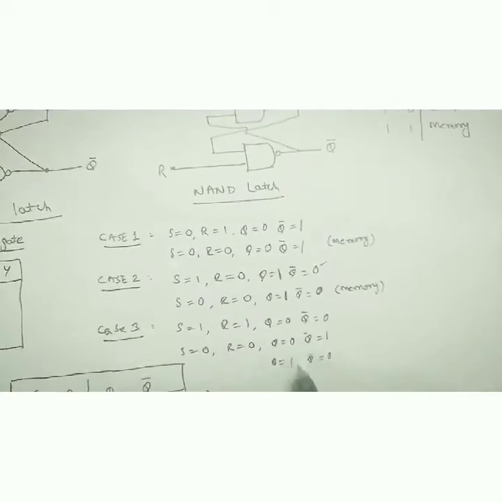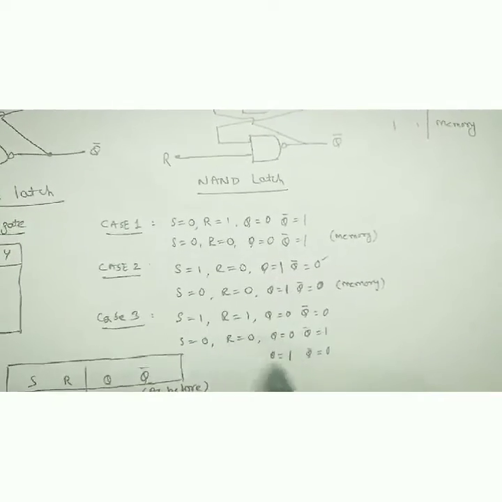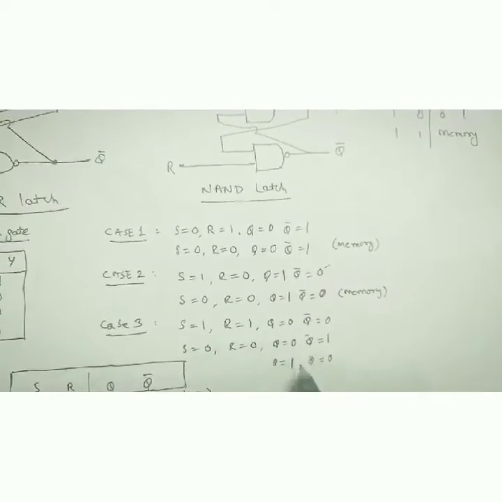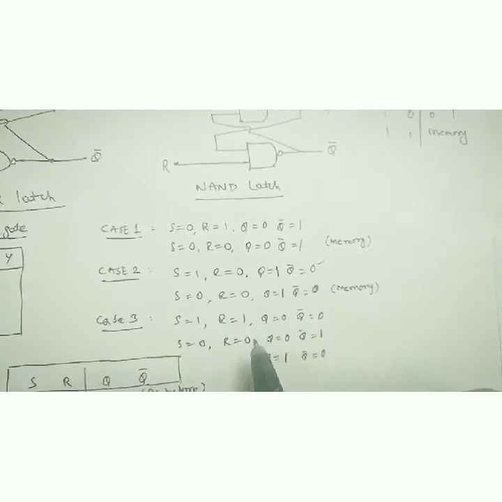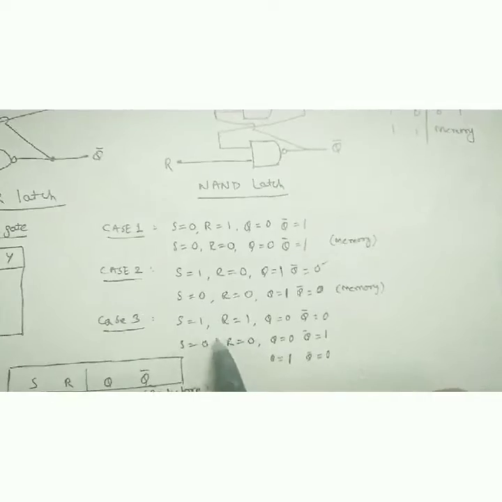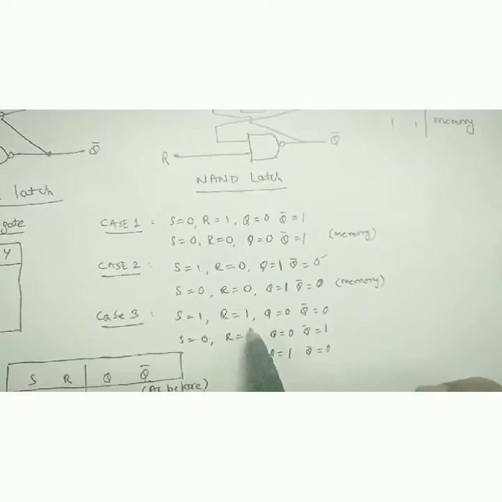So this is invalid, and this type of state is not used. That is why in the SR latch, this is not used, or it is known as an invalid state.